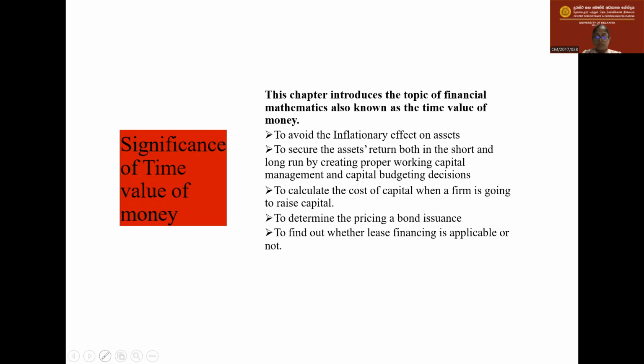So what do we mean by working capital? It's the measure of a company's short-term financial health and operational efficiency. We can calculate working capital by taking the current assets of a company minus the current liabilities. Current assets are assets that can be converted into cash within 1 year.